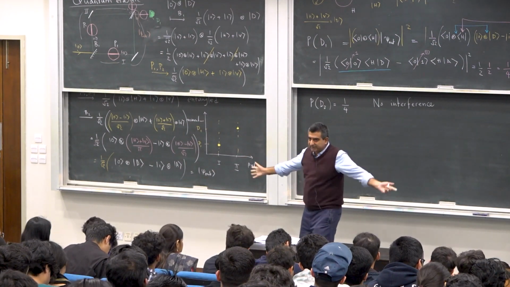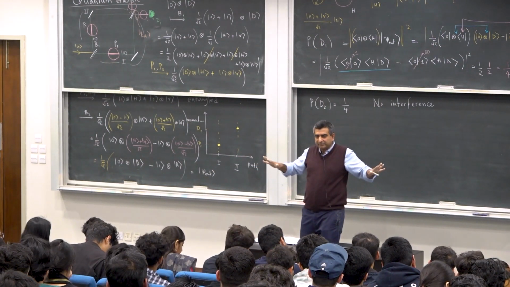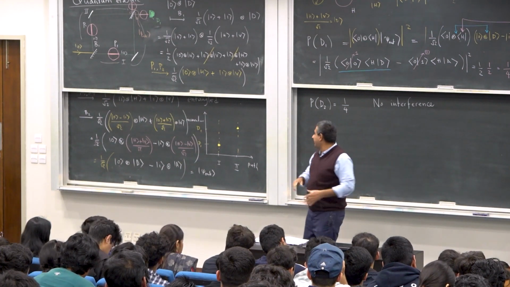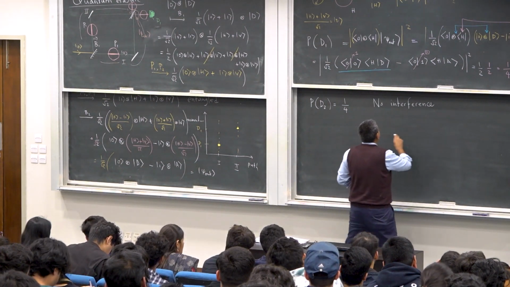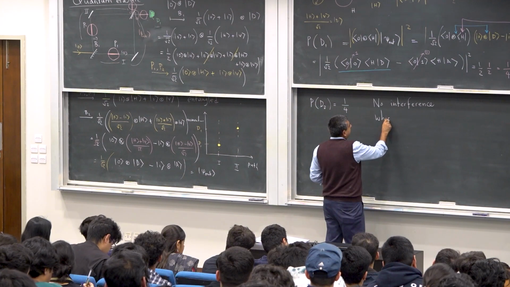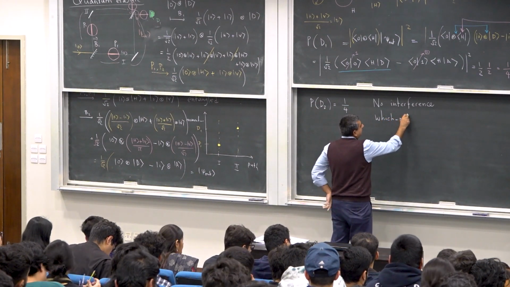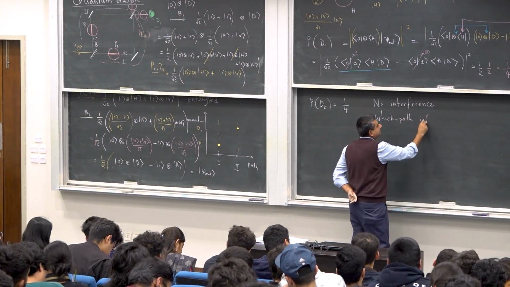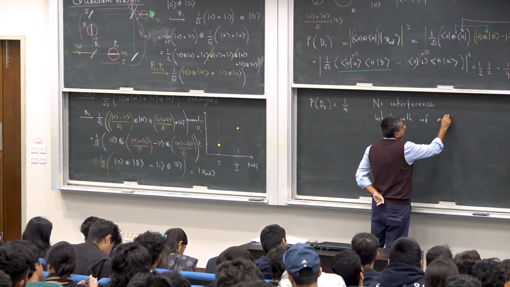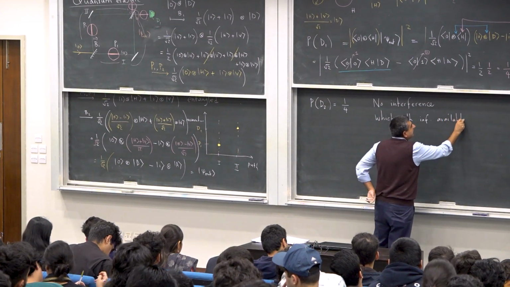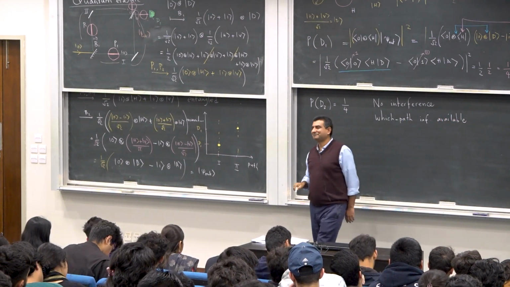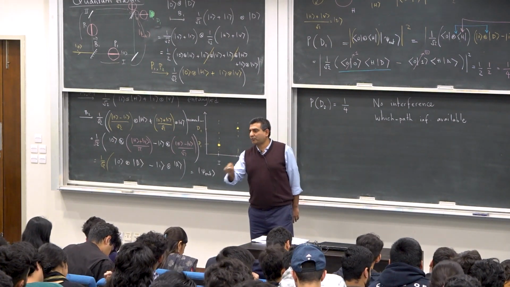Interference withers away. No interference, which path information available. And we can tell from the outcome which path the photon has taken.